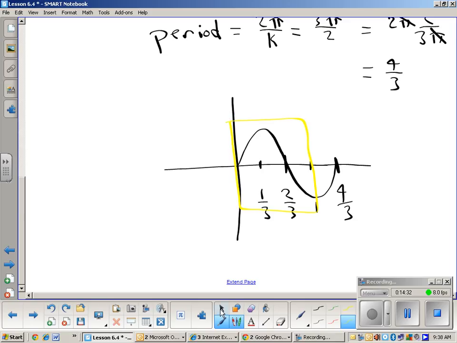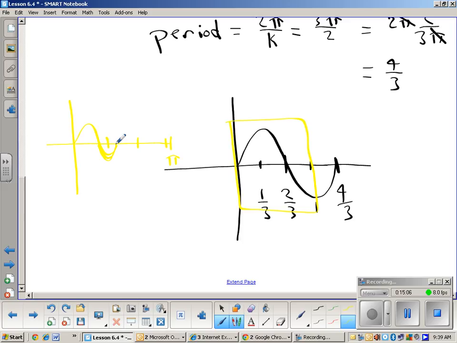If I looked at it the other way, and I said this is pi, so say here's 3, 2, 1. All of this is happening in that much space. Okay? All of that's happening in about that much space.